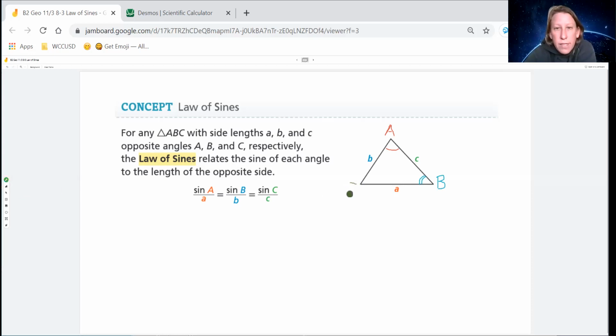If I know the size of angle C, it's going to give me information about the length of the side opposite. This is the law of sines. It's a double proportion. It has a proportion and another proportion. It's actually a really easy formula to memorize because it's just sine of A over A, sine of B over B, sine of C over C. The capital letters are for the angle names and the lowercase letters are for the side lengths.